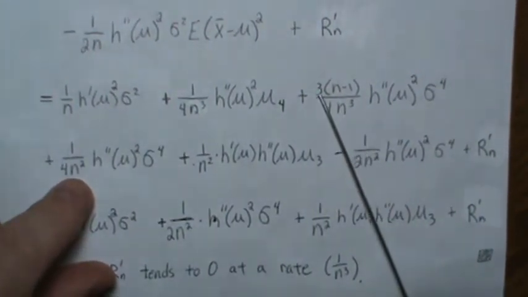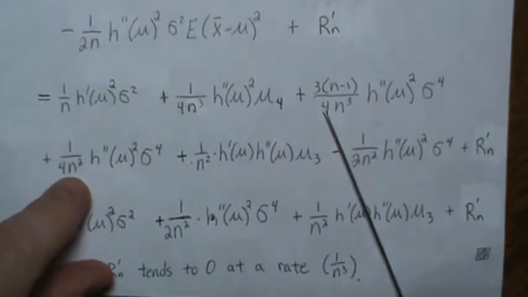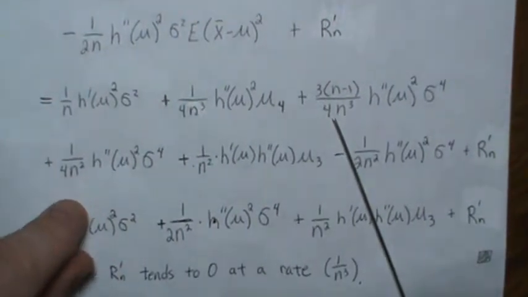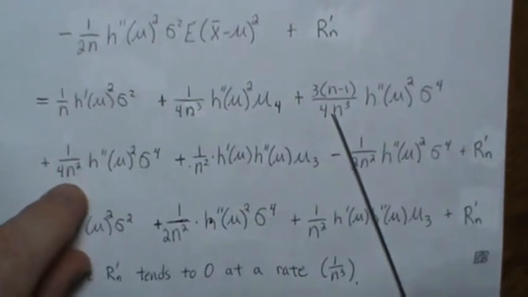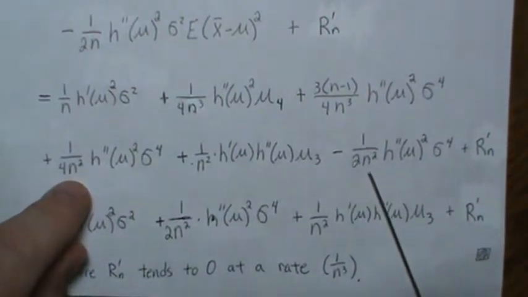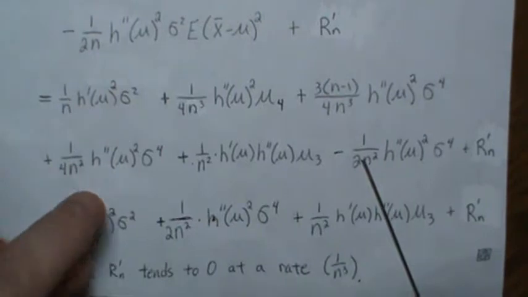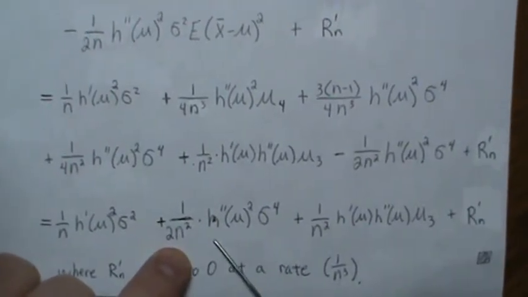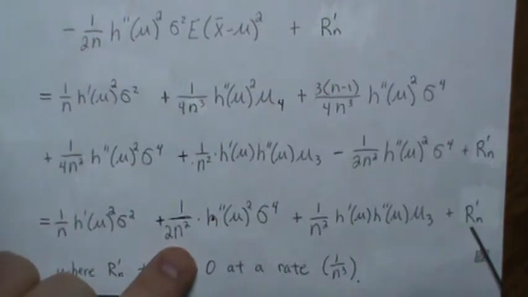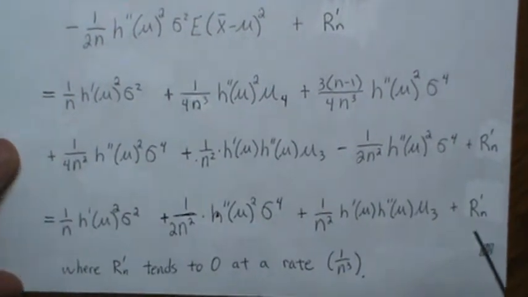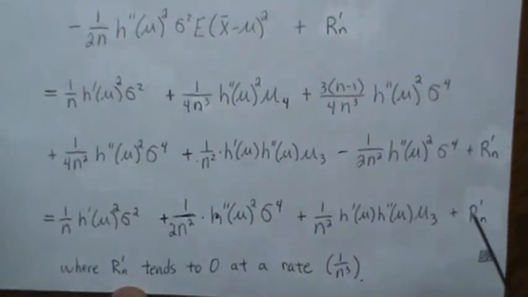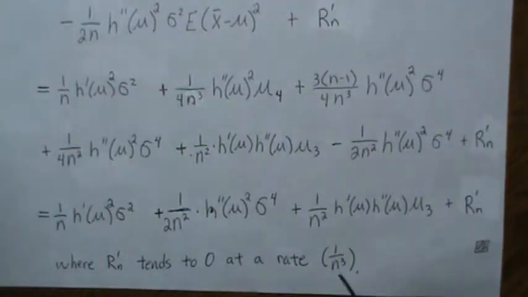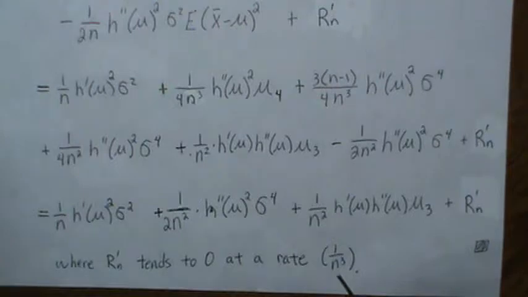And then we're left with 3 over 4n squared. So we have 3/4 and 1/4, which is 1. And then we subtract a half, so we get a half. And that's how these 3 terms combine to this. So every term in here tends to 0 at least at a rate of 1 over n cubed.